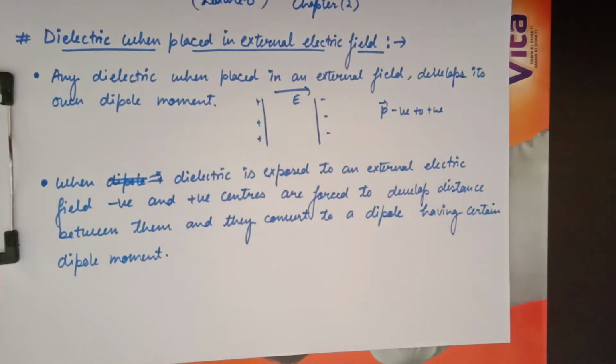Second point is, when a dielectric is exposed to an external electric field, negative and positive centers are forced to develop a distance between them, and they convert to a dipole having certain dipole moments.